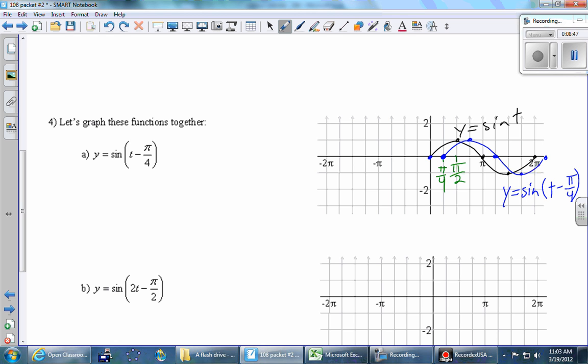How are we doing? It's okay? Yes. Moving over. Any questions on that one? Horizontal shift, pi over 4 to the right.